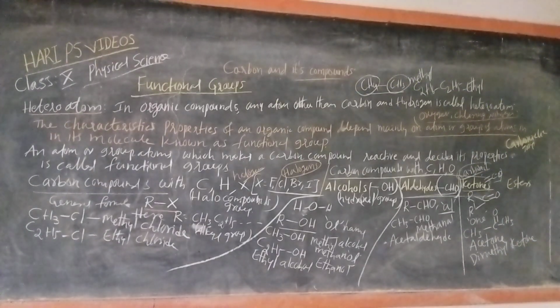Dimethyl ketone or simply acetone. Similarly, if you take another, CH3, CH3, two are there, so two means di. We will understand this during nomenclature. So alcohols, aldehydes, ketones we discussed.